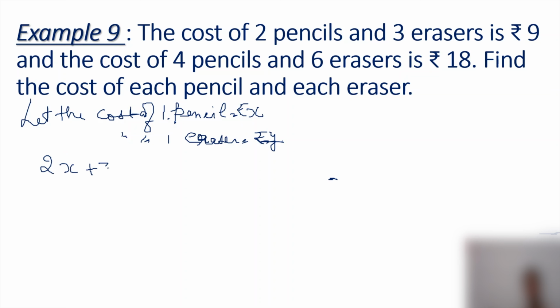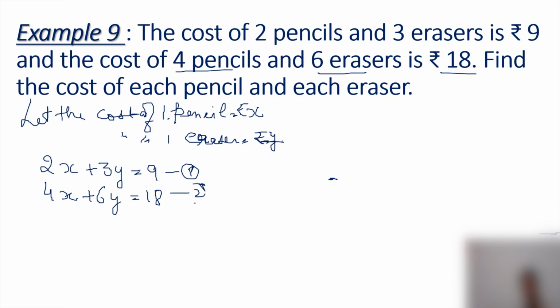Now, according to first condition, 2x plus 3y is equal to 9. And according to second condition, 4 pencils, 6 erasers, rupees 18. It means 4x plus 6y is equal to 18. This is first condition, this is second condition, and we are supposed to use the substitution method here.